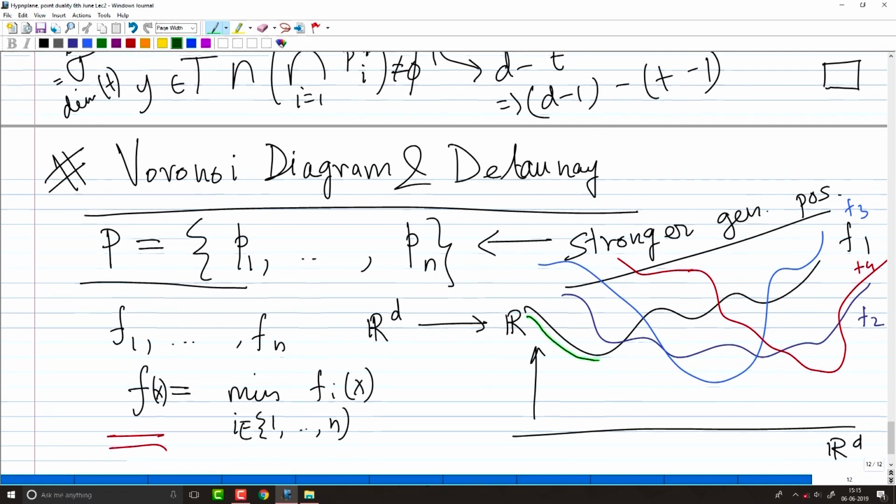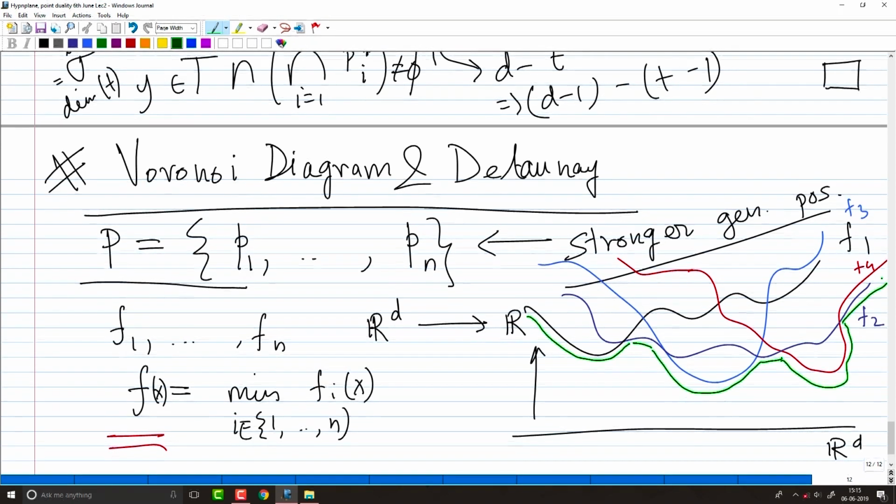It is the minimum, so this will be the graph of f. Yes or no? Okay. Good.